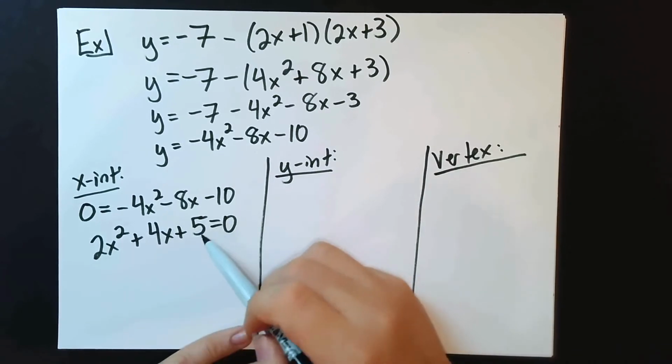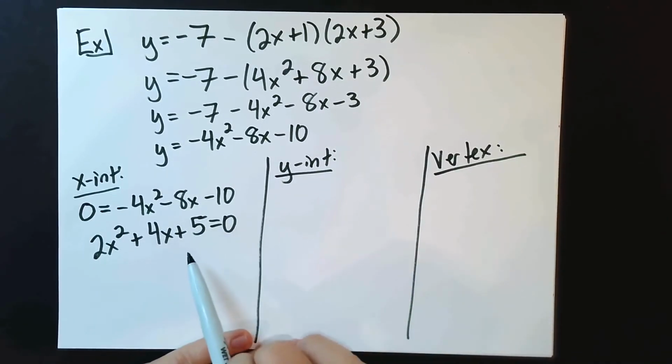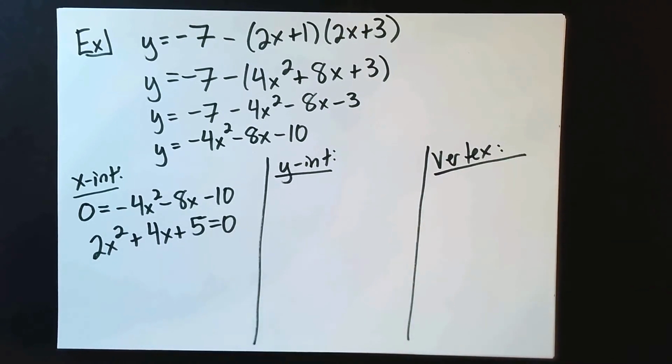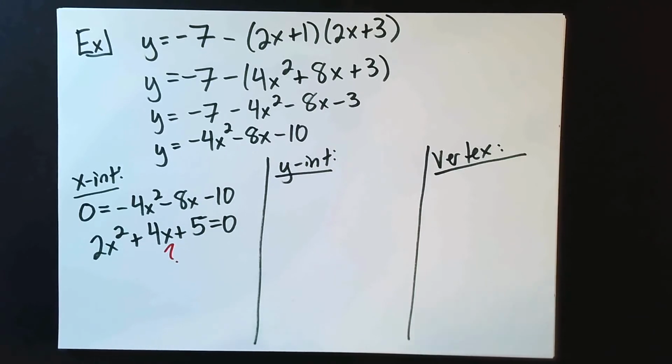And then I'm trying to factor this, and I don't really see how to factor this. So I'm going to press pause on finding the x-intercept, and jump ahead and do the y-intercept. I'll put a question mark here to make sure we come back to this.